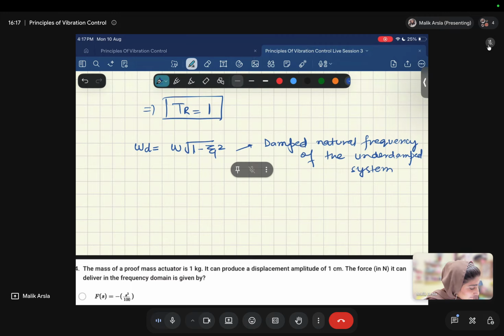Now what will be the time period? We know the time period is nothing but 2 pi upon the damped natural frequency of the system.